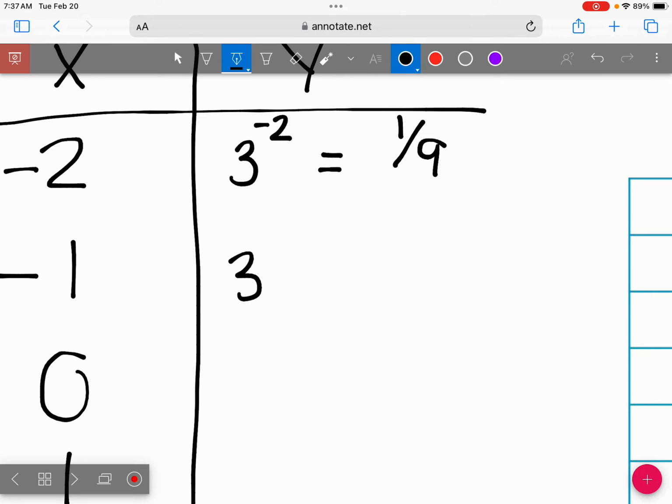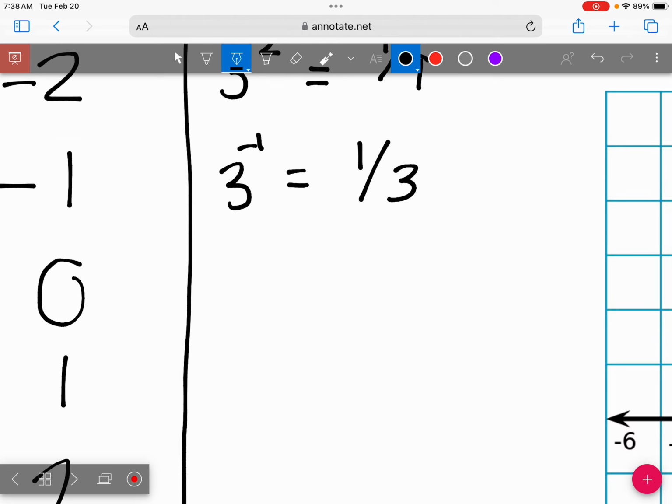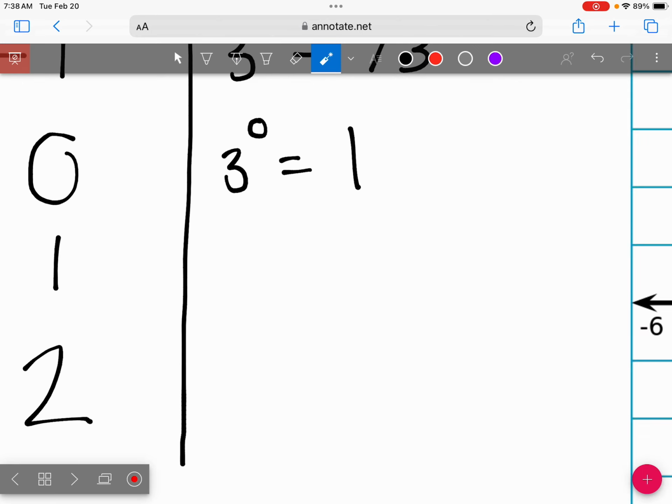What is 3 to the power of -1? 1/3. What's 3 to the power of 0? 1. Anything to the power of 0 is 1. You'll notice this on all of our parent functions for this chapter. This middle is always going to be 0, 1. All the parent functions will have that. Then we have 3 to the 1st, which is just 3, and 3 squared, 9.